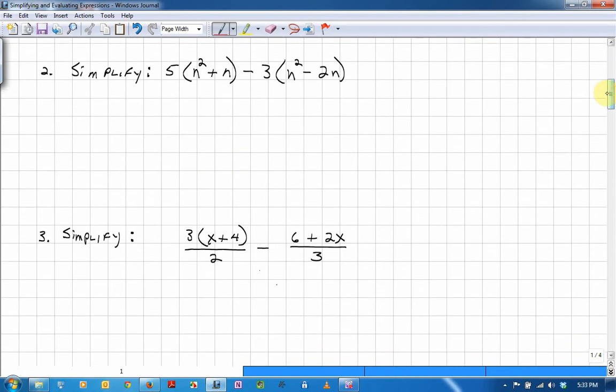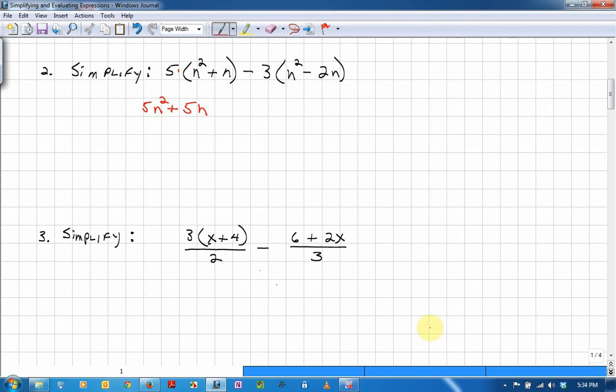Let's go down to one that has the distributive property. The way we use the distributive property is everything in the parentheses, in this case, because this will be a multiplication right there, will multiply by 5. So we would have 5 times n squared. Now we have a plus, so it would be plus 5 times the n.